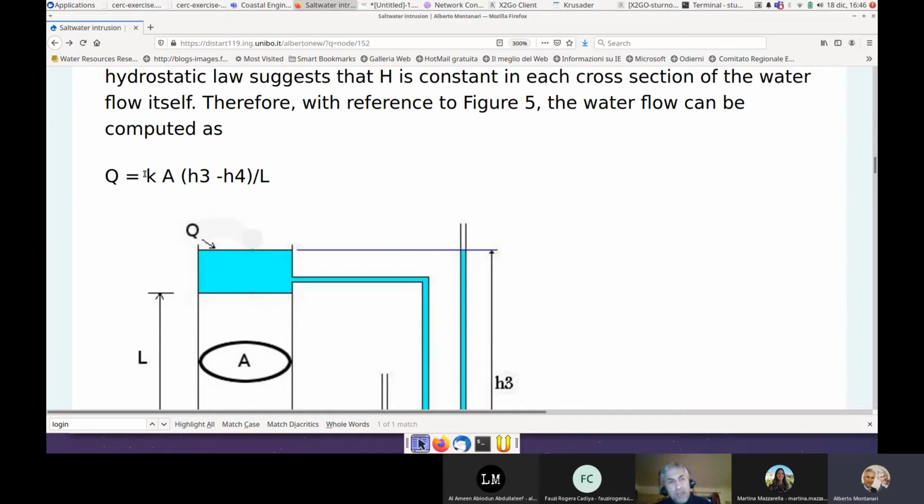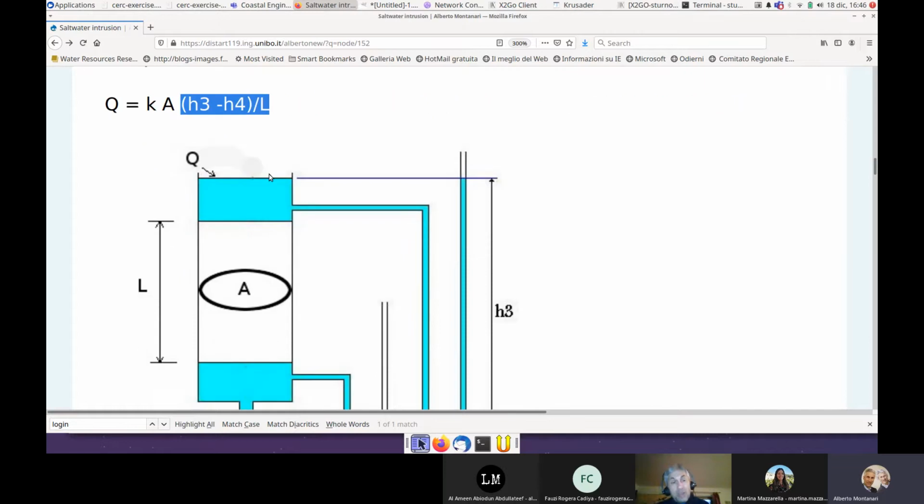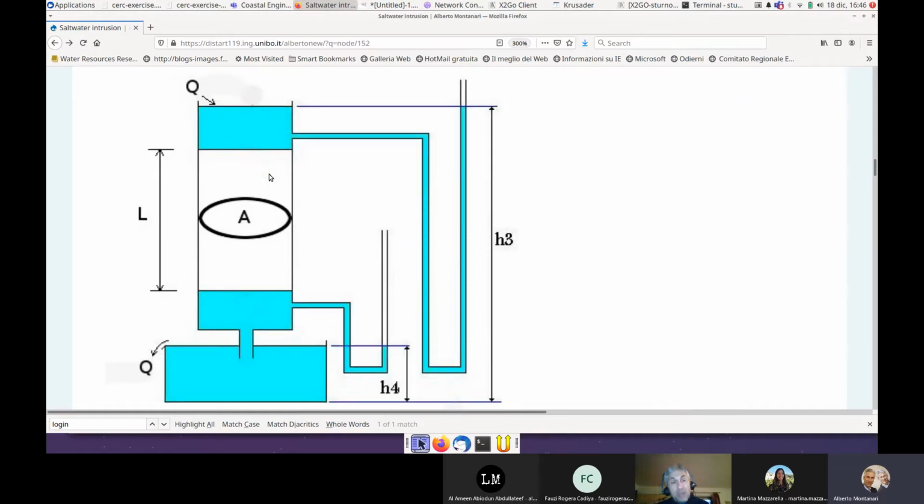So the product of K and A is cubic length divided by time, which is the same as Q. In fact, this ratio here is dimensionless: it's length divided by length. Perfect. So this is an application of Darcy's law. Actually, this is the original experiment made by Darcy, who derived the law empirically.